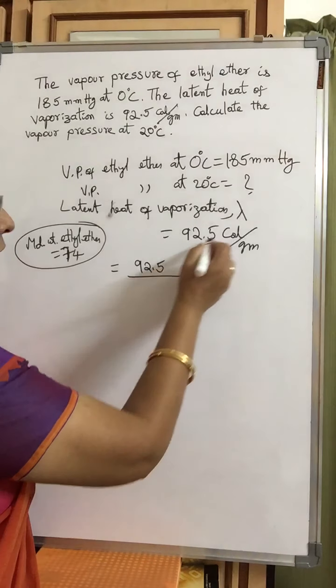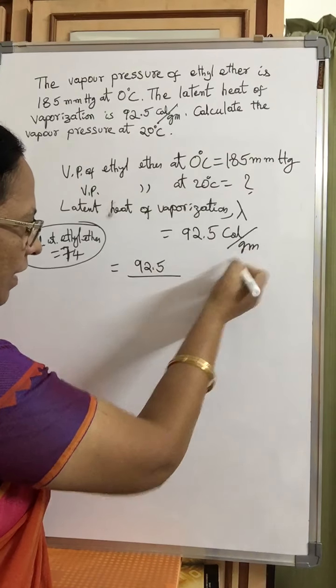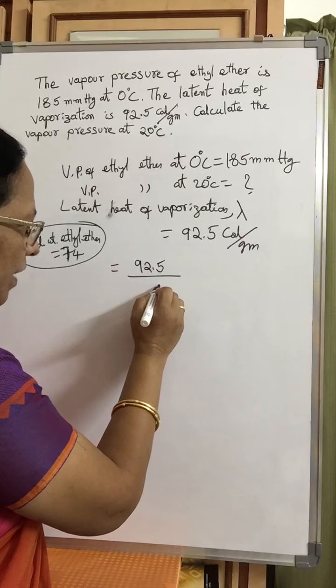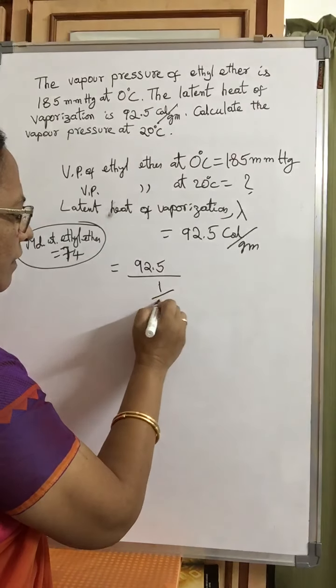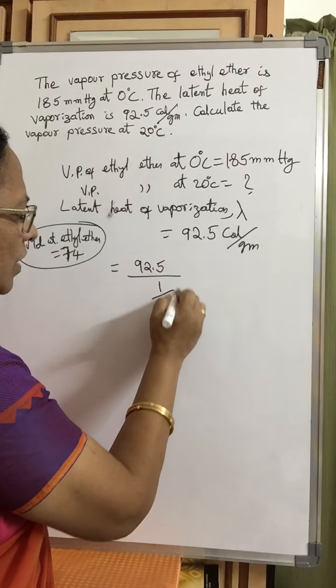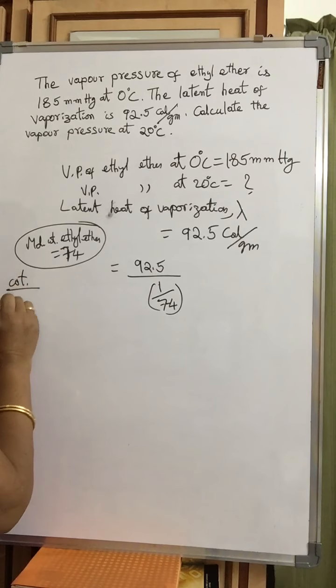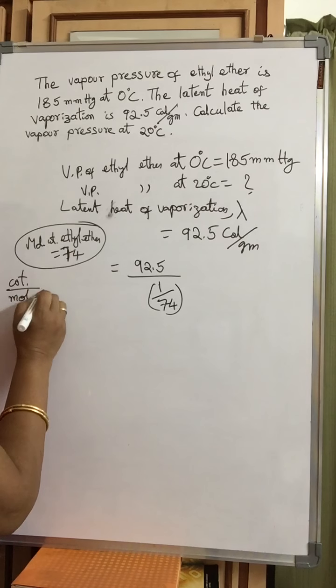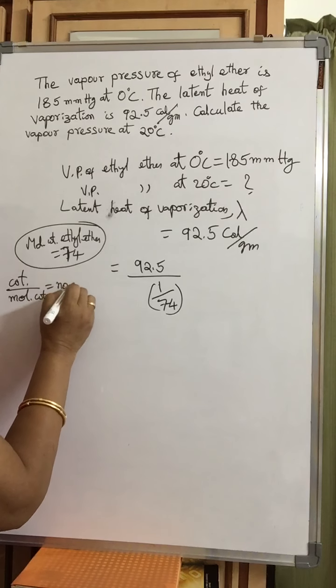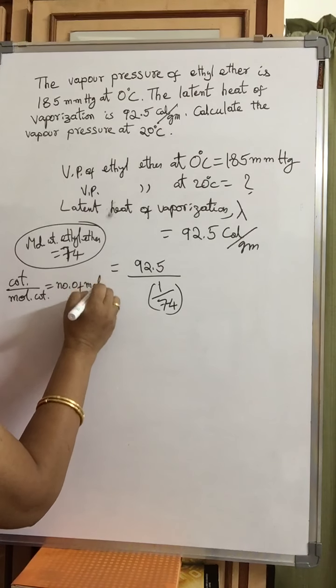So 92.5, here weight is in the denominator, so weight by molecular weight. Weight by molecular weight is equal to number of moles.